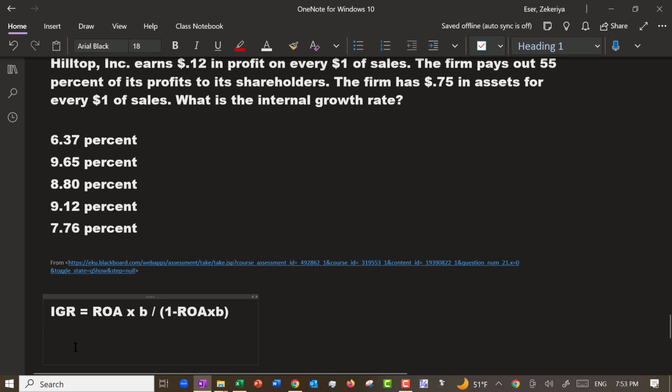Okay. So, let's start with the easy. What's B? The retention ratio. What do you think? 45, because they pay out 55.